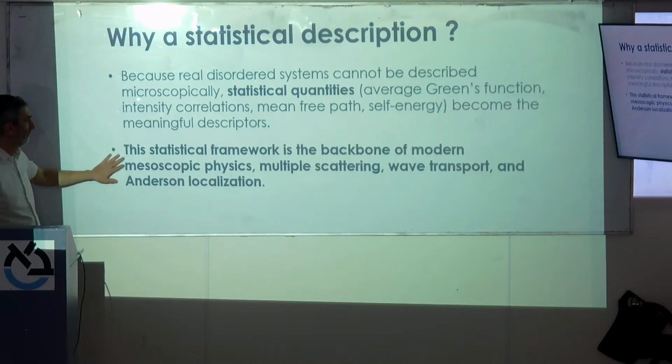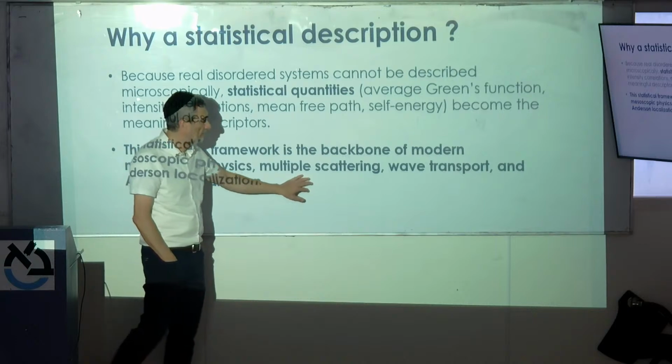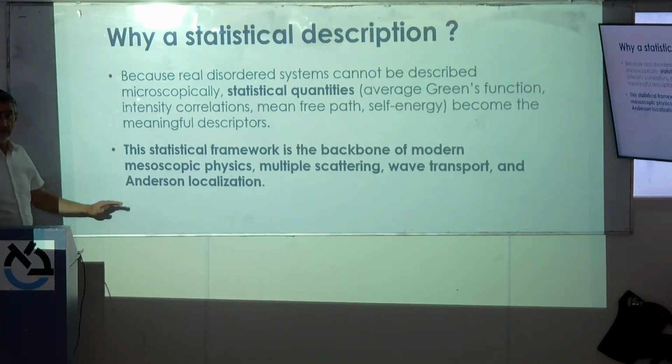This statistical framework is really the backbone of modern mesoscopic physics. It will help us describe multiple scattering, wave transport, Anderson localization, all these terms we mentioned already before, from a statistical point of view.